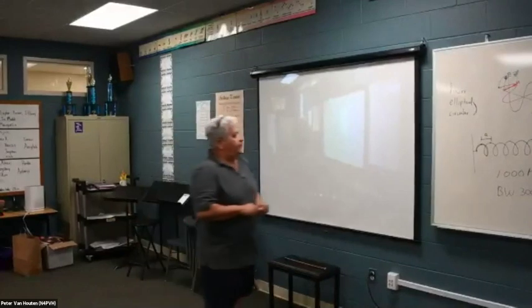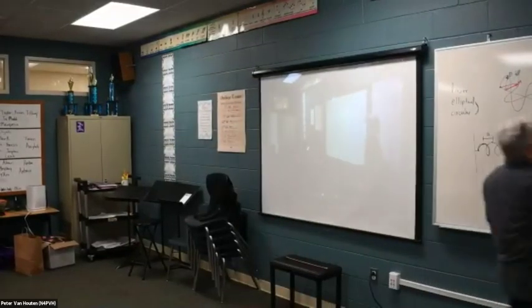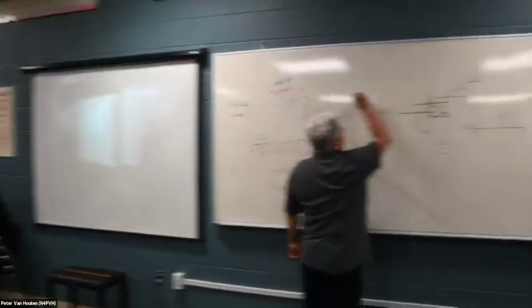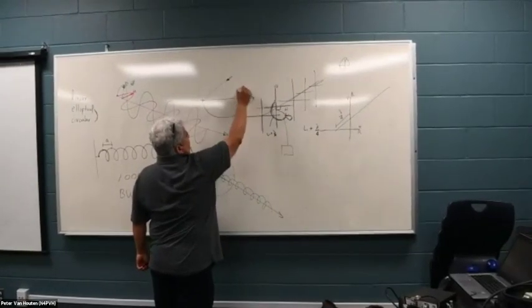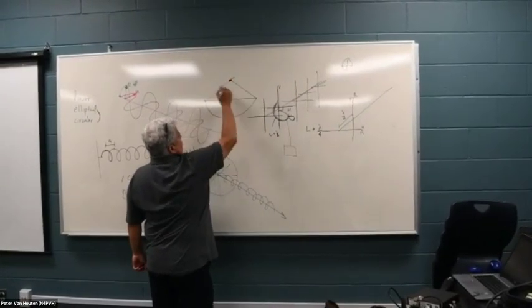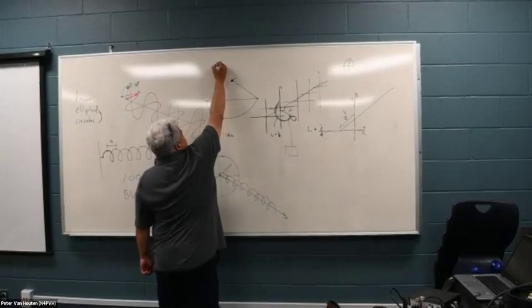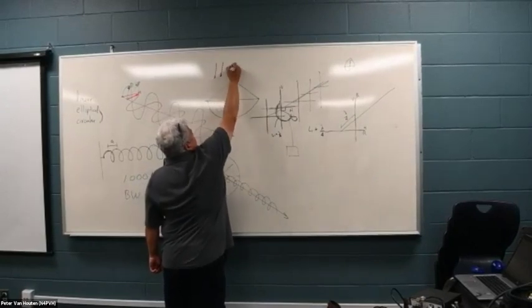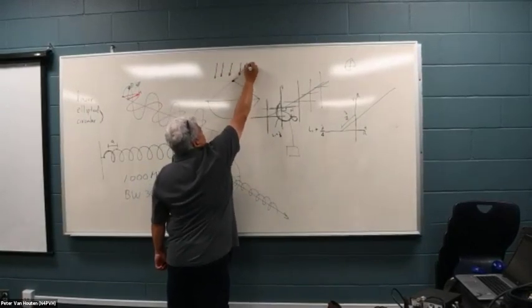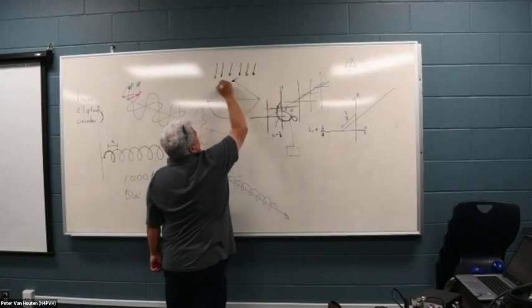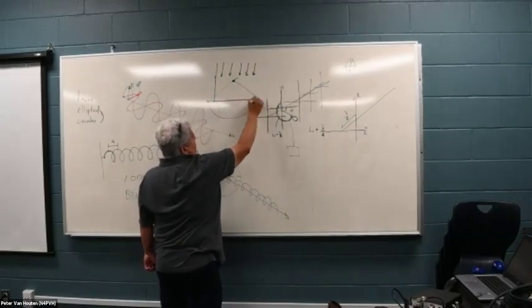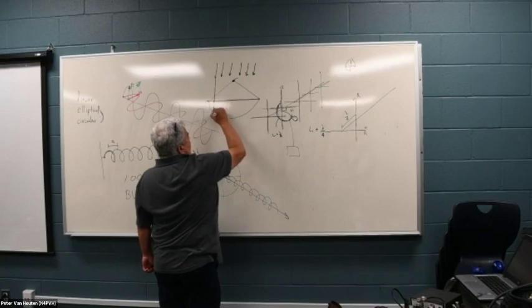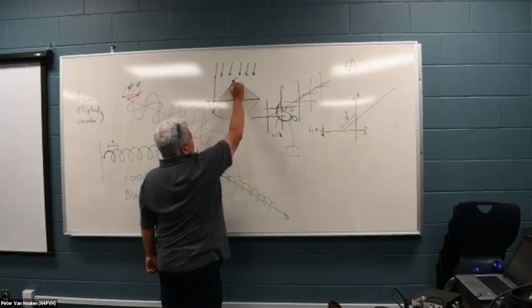So we have a parabolic dish like this, and here is the focus. What happens here? Every wave front that is coming in like parallel lines is going to cross the mouth of the dish, hit the reflector, and go to the focus.